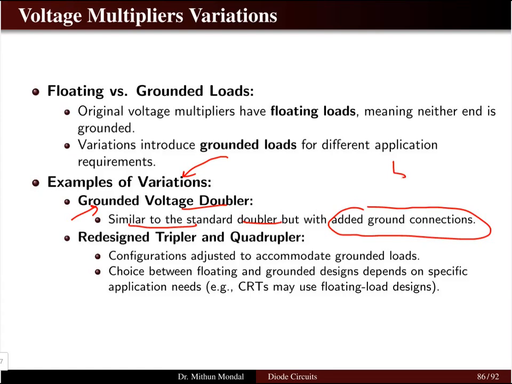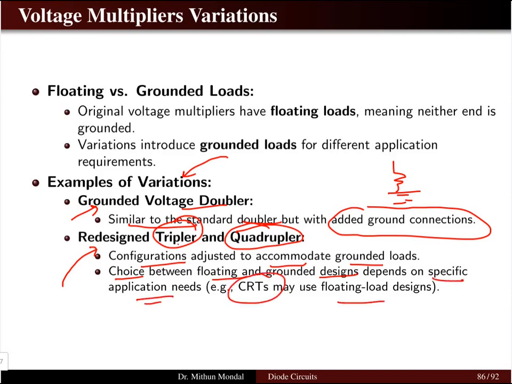You need a grounded load resistor, and then it is a grounded voltage doubler. If you want to redesign any tripler or quadrupler circuit, the configuration is adjusted to accommodate a grounded load. This is a little more complex compared to the simpler circuit. The choice between floating and grounded design depends on the specific application we are dealing with. CRTs may have a floating load design.